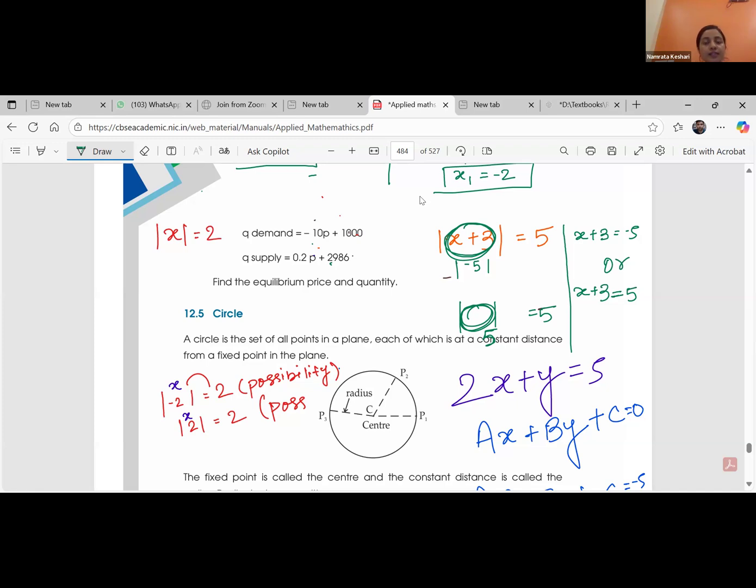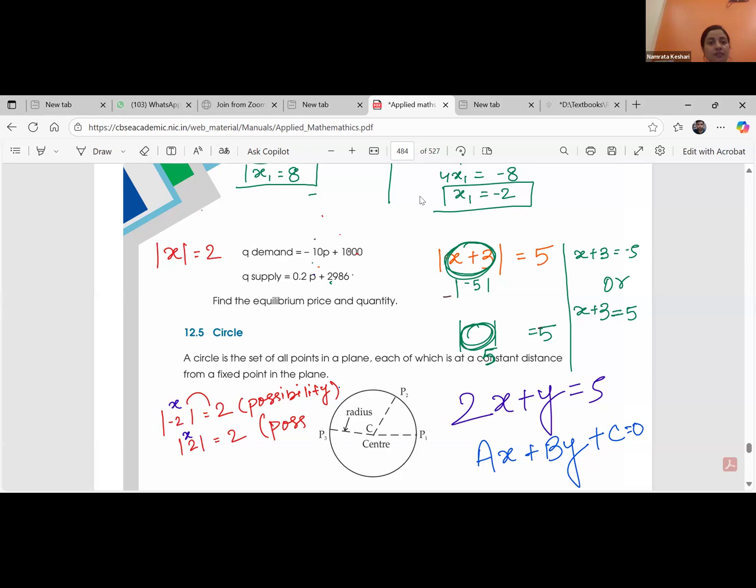Is it making sense why we took two possibilities?